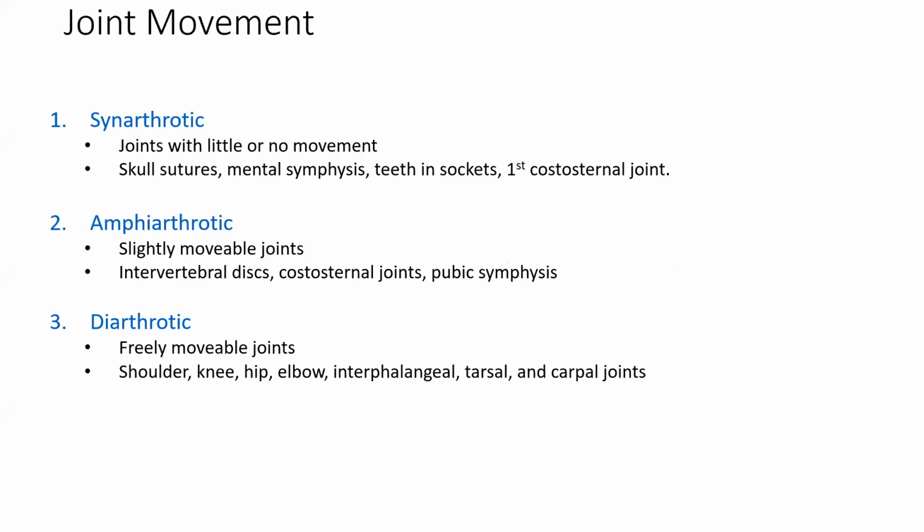The terms for these: synarthrotic, amphiarthrotic, and diarthrotic. You can see the root word of arthritis in there too, because you see arthrotic. The root word arthrotic deals with movement.